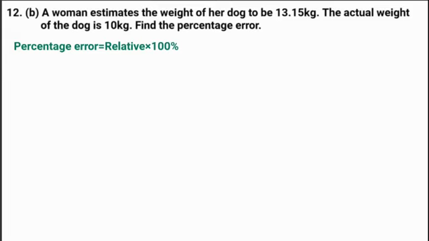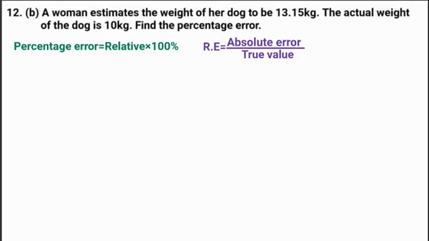So what we need to do here is find the relative error. To find relative error, we use the formula: relative error is equal to absolute error over true value. Now here, we are not given the absolute error. The true value is given, which is 10 kg.